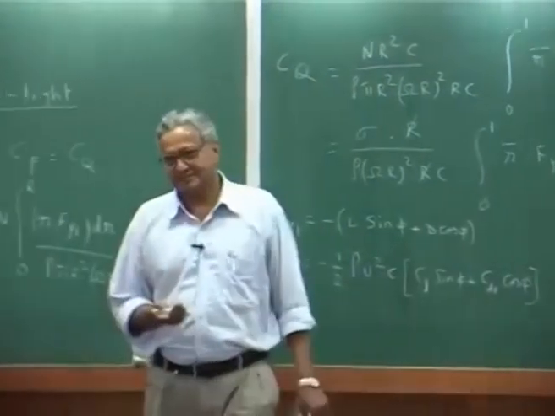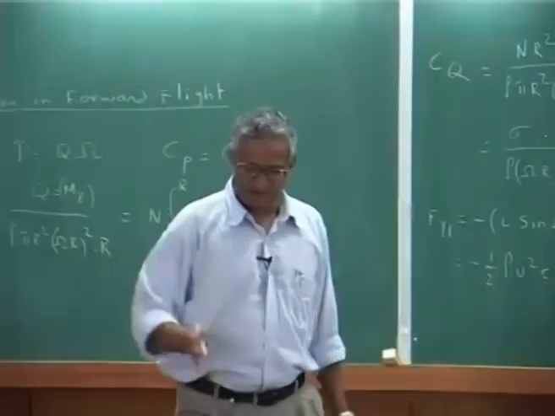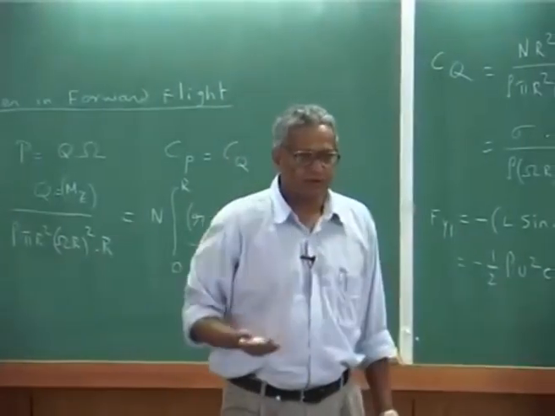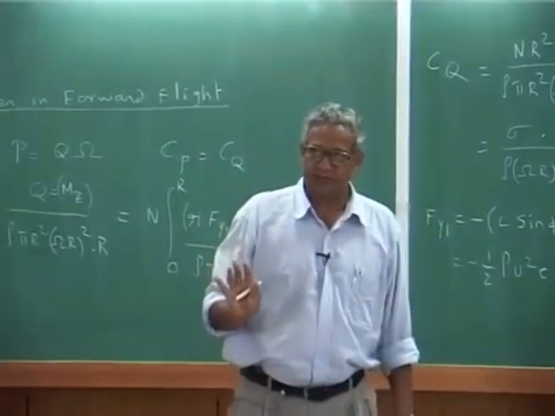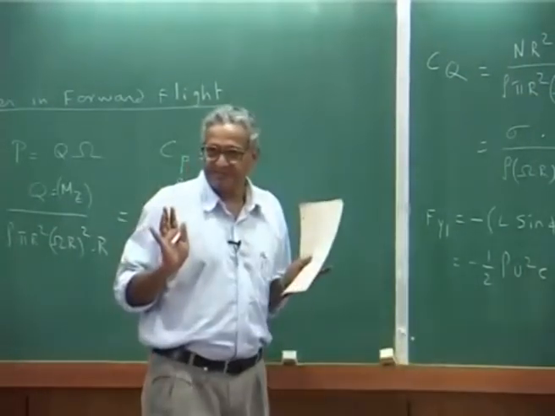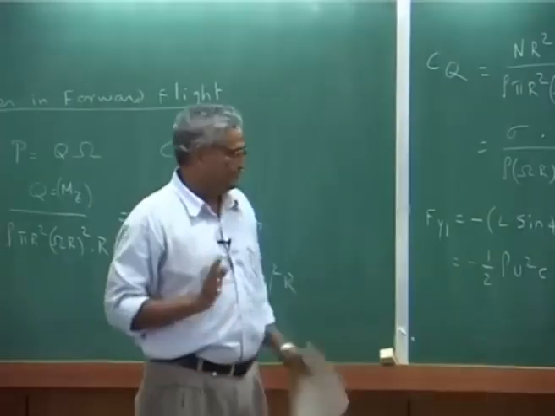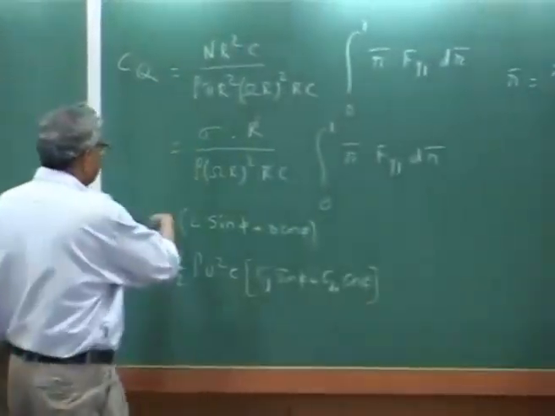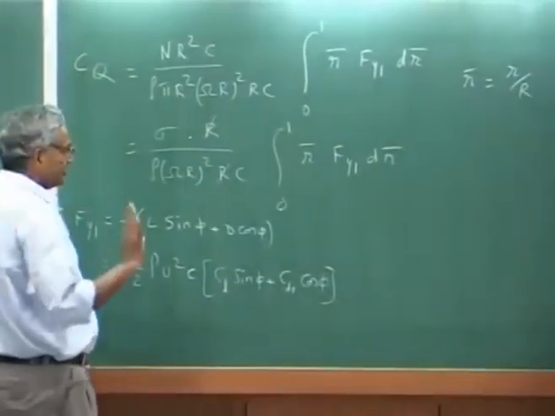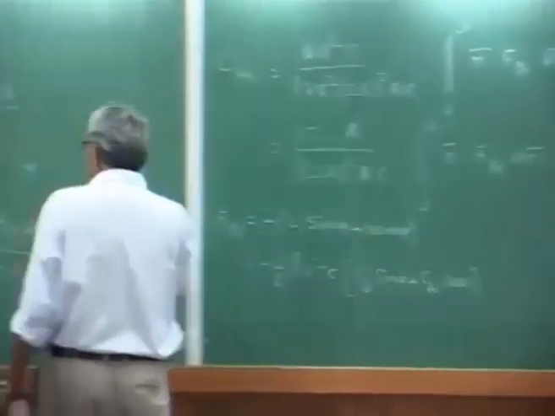Sign does not matter, it is only to say that if the rotor is rotating counterclockwise, my torque is clockwise, that is all. So, I am getting the torque coefficient as a magnitude, because that is basically the power coefficient. So, the minus sign we are throwing out.